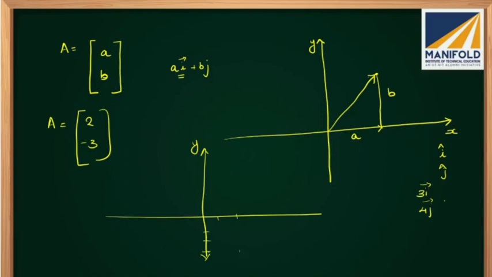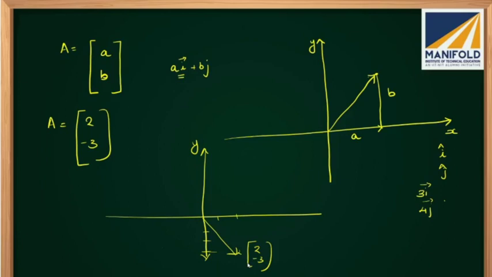This will meet at this particular point, and this will be the vector representing 2, minus 3. Similarly, any column can be visualized as a vector in the 2D plane if it is a 2-dimensional column, and this extends to n-dimensional space. We will always be taking examples from 2D planes because that is easier for us to visualize.